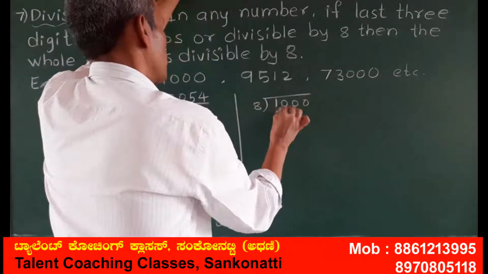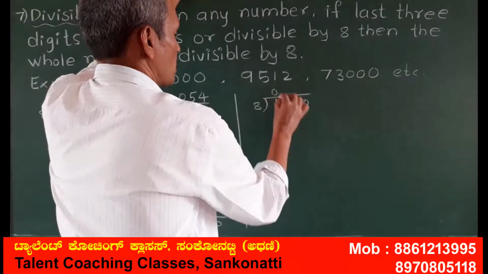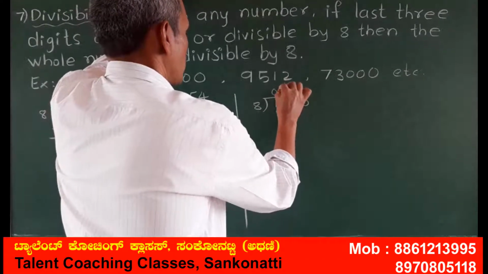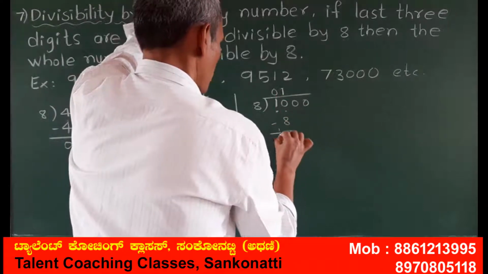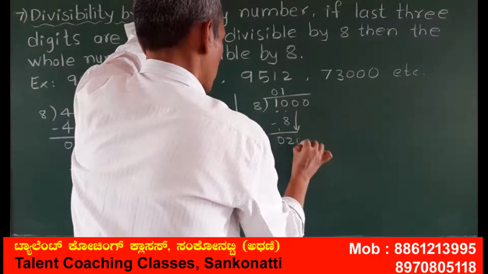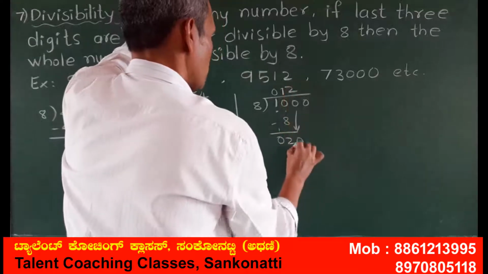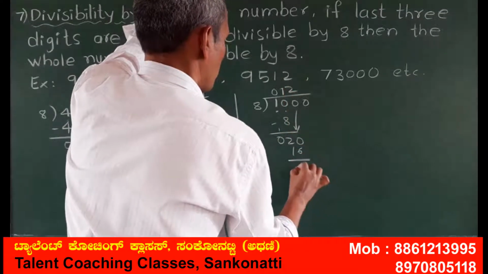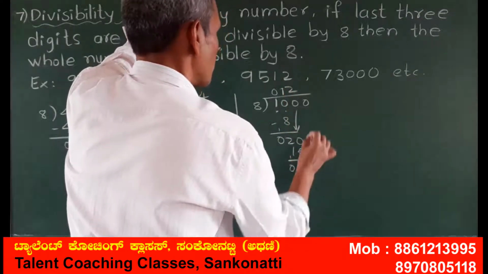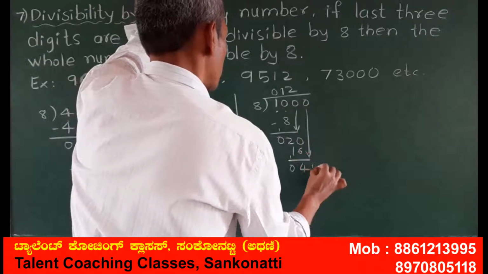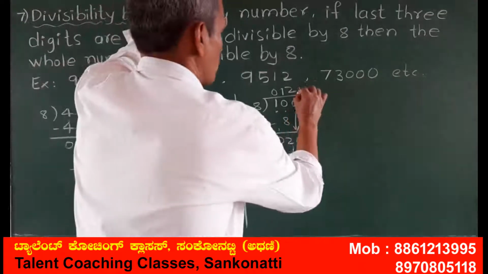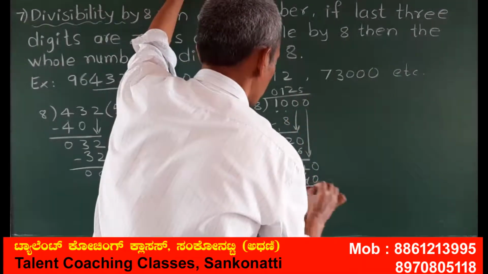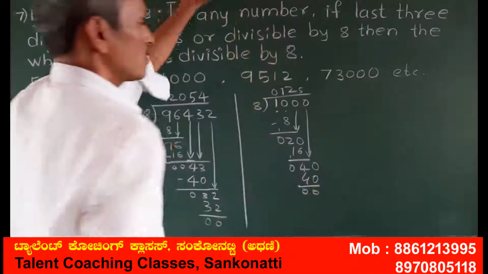In the 8 table 1 is not there, write 0, take it. 8 ones are 8, 2, 0, take this one. 8 twos are 16, 4, 0, take this. 8 5s are 40, so 0.